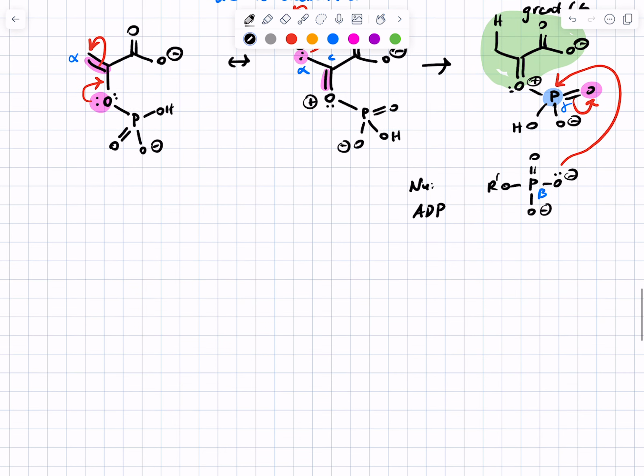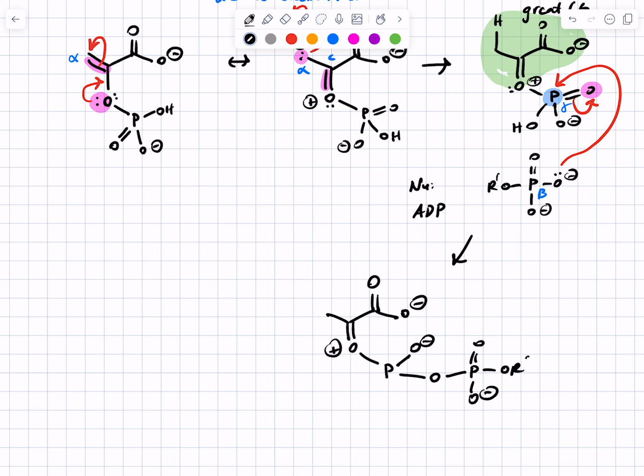Electrons move out onto the oxygen. We'll redraw the intermediate in which the phosphorus is attached to 5 different things. Here's the new bond with the beta phosphoryl group of ADP.